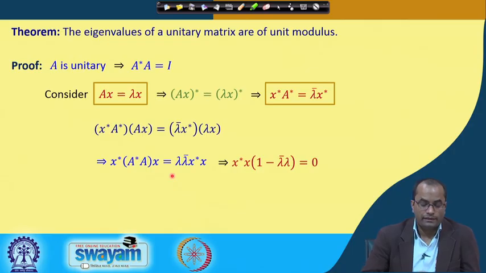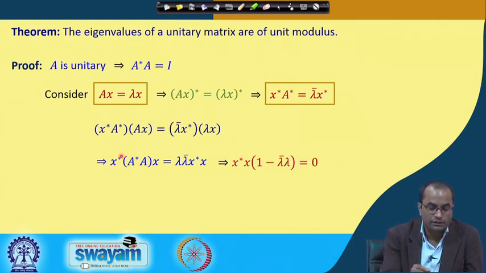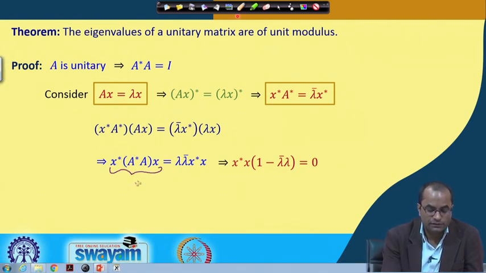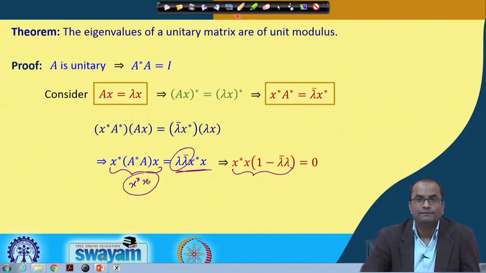Because A star A is equal to I, we have the identity matrix, meaning this term is nothing but x star x. So we have x star x here, and also x star x. We take common this x star x, and we get 1 minus lambda bar lambda, and that is equal to 0.